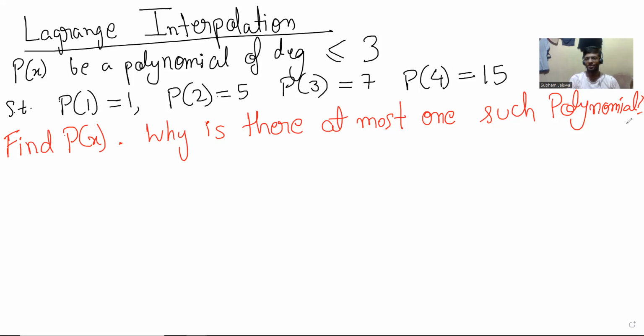I mean, that's right, it has to do with the degree. But why, if the degree is not more than 3, are 4 points going to determine a unique polynomial? Why can't we have two polynomials?